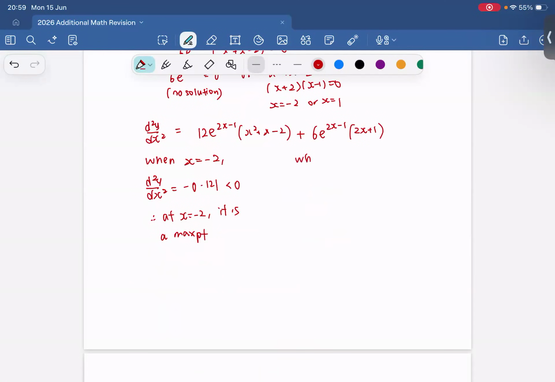Now you put in when x is 1, then your d2y over dx squared equals to, you get 48.929, more than 0. So at x equals 1, it is a minimum point.